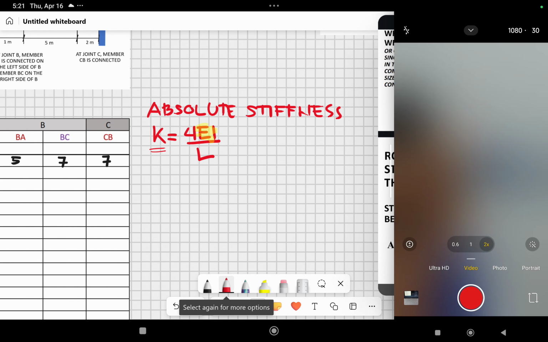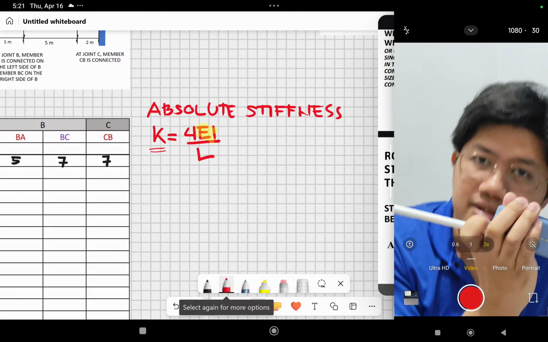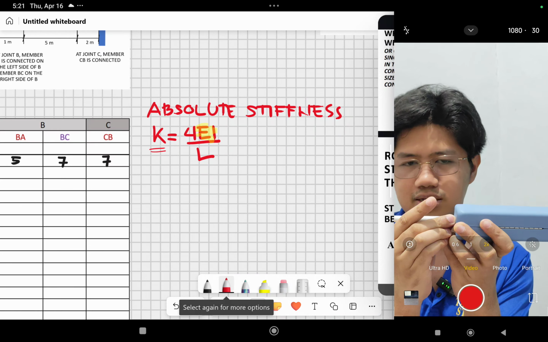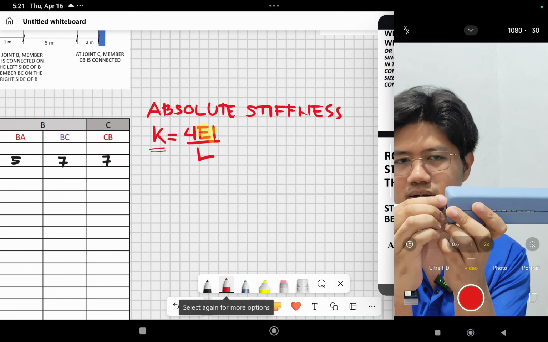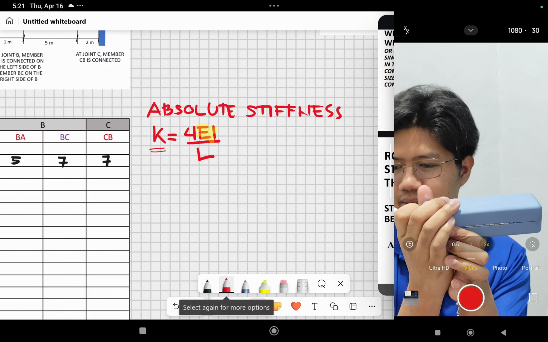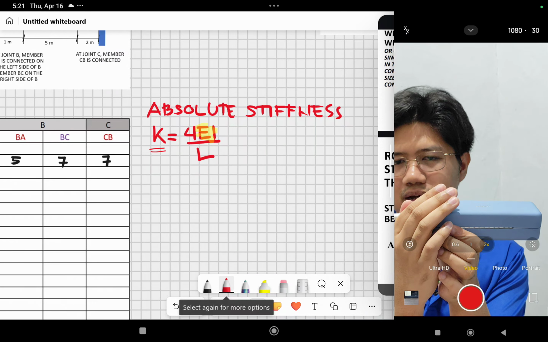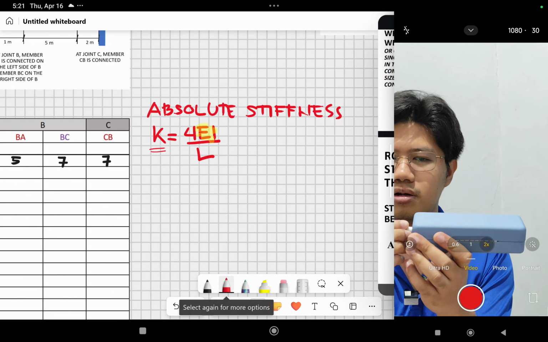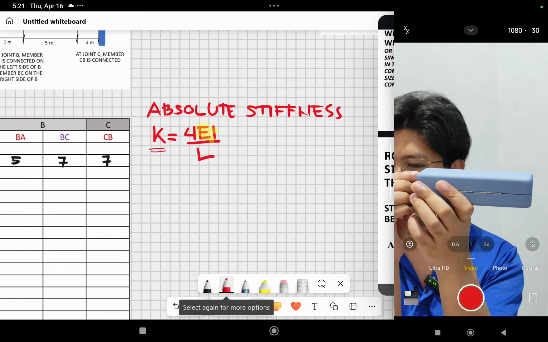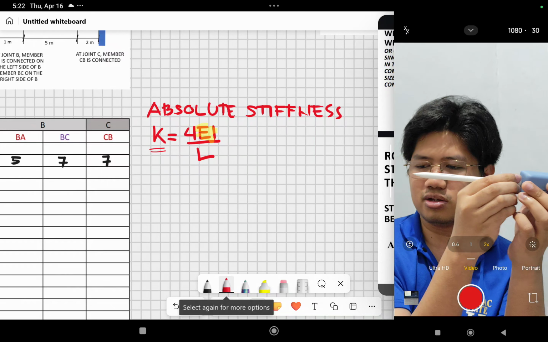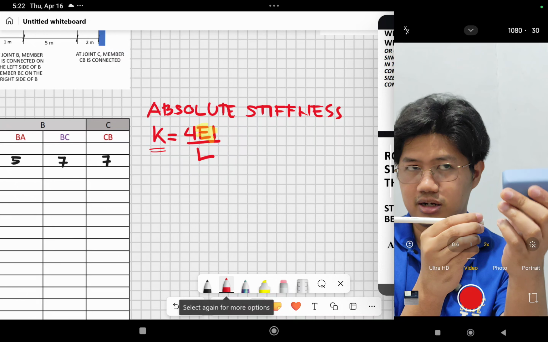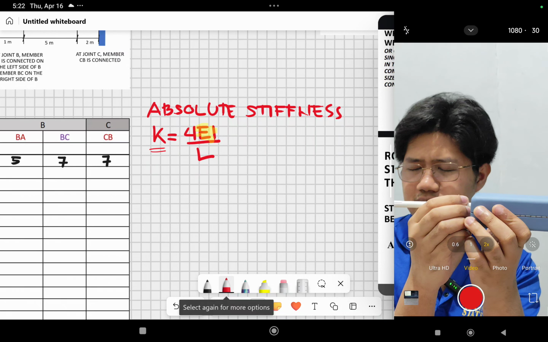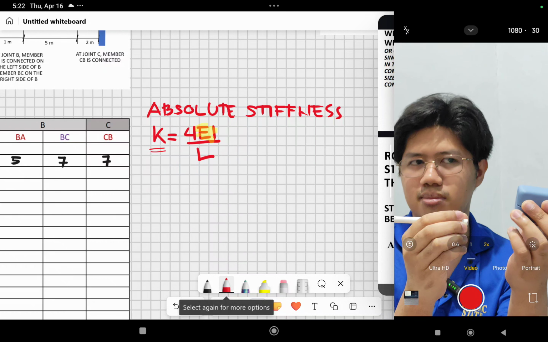As you can see, at the connection point, the stiffness of the beam is dependent on E and I. So if we compare which of the two members connected to each other, this box and this pen, which of them is stiffer? This one. Why?